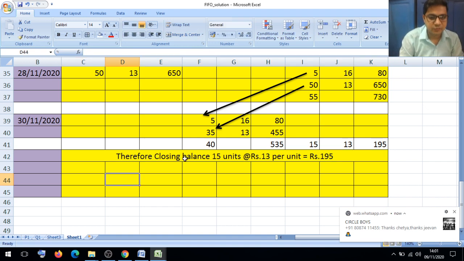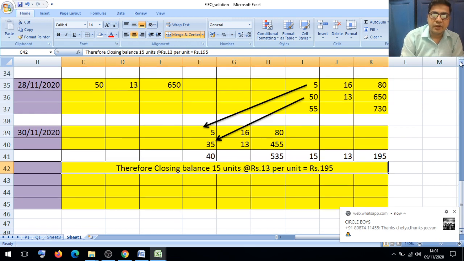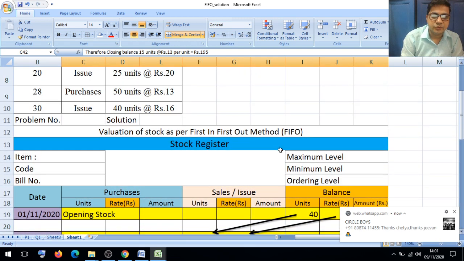So see friends, therefore closing balance 15 units at the rate rupees 13 per unit, rupees 195. So these are answer we are consider as the final answer, and we are use FIFO method.